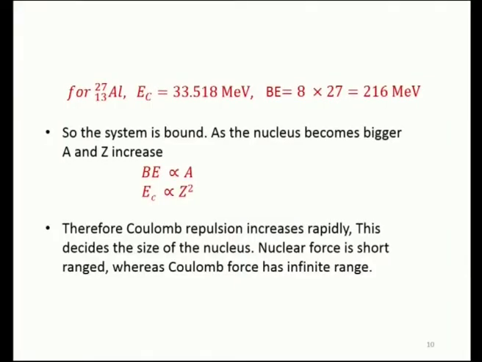If both are equal, it becomes unstable, and fission will occur. And if the Coulomb energy becomes larger, the nucleons will separate with large force, large separation, large energy. Now for aluminium, the Coulomb repulsive energy is about 33 MeV and the binding energy is 216 MeV.